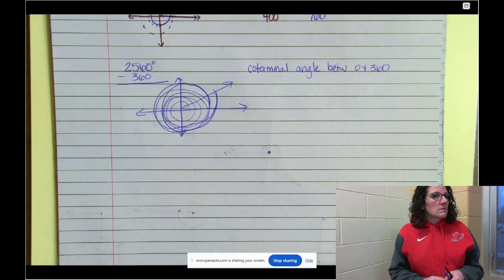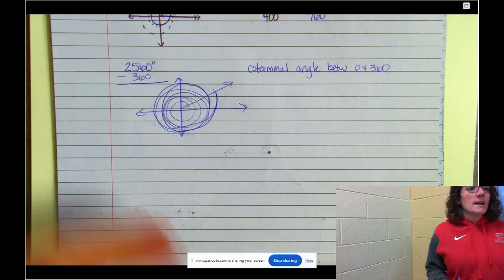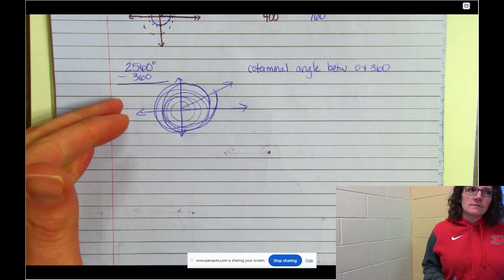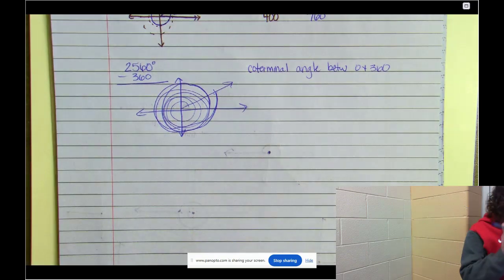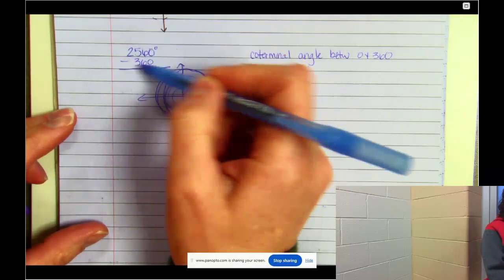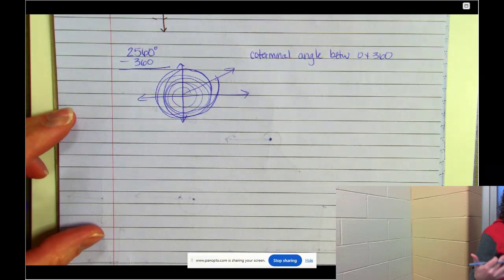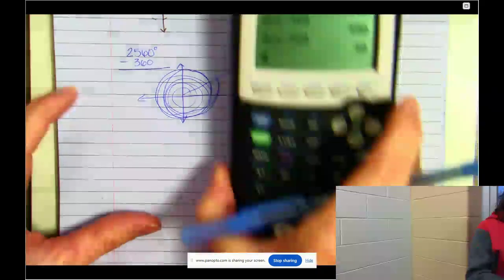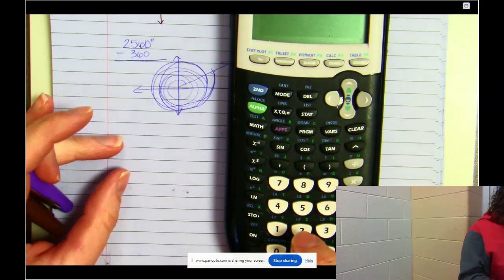I know that some of you are dividing by 360. You have to be careful with that. I'll show you. Just subtract 360 until you get to the number that's between 0 and 360. Let me show you what your calculator does.